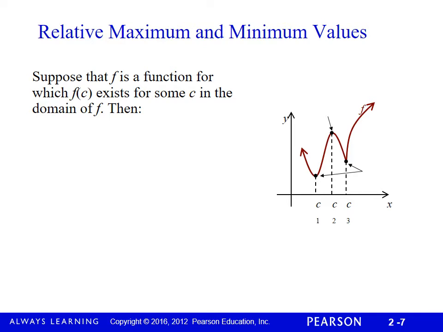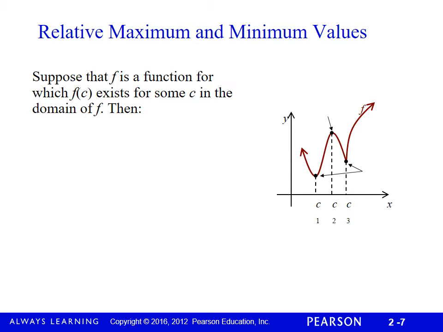So what are relative maximums and minimums? Again, this is a very intuitive concept, and it just says, suppose that f is a function where some f of c exists, and f of c just says that x equals c, and we have three different c values. We have c1, c2, and c3 here on the graph that you can see to the right.